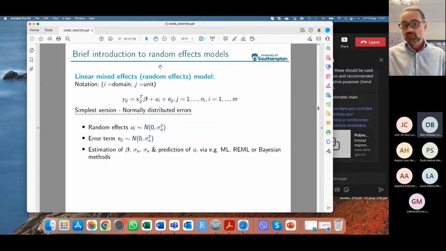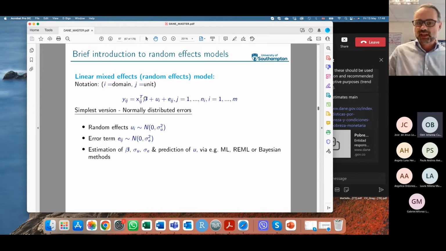Okay, so let's see how it looks. That's a linear model, what we call a linear mixed effects or random effects model. Here we denote by i the domain or the small area, and by j a unit. I think Angela in her slides used a k instead of j. Angela, correct me if I'm wrong, but it is exactly the same.